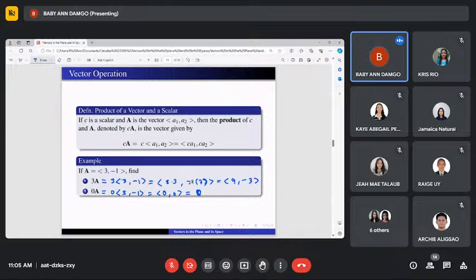Okay? So now we have 1 times A. Ideally this is equal to A itself, because you are just multiplying by 1.